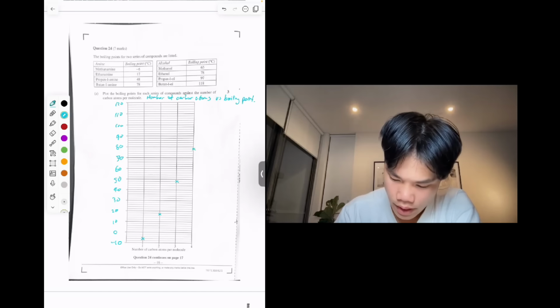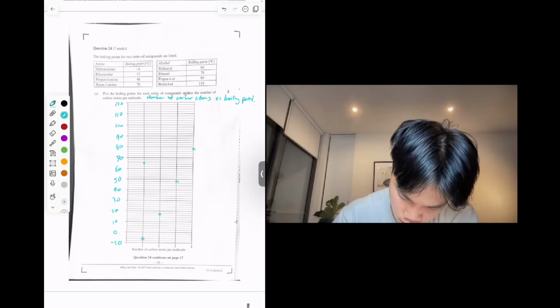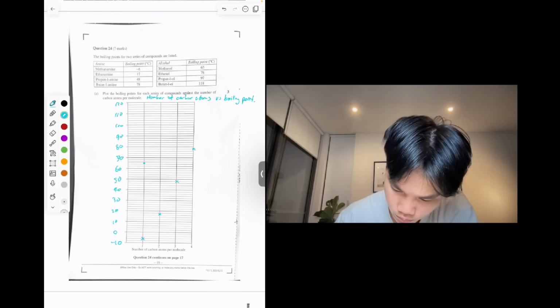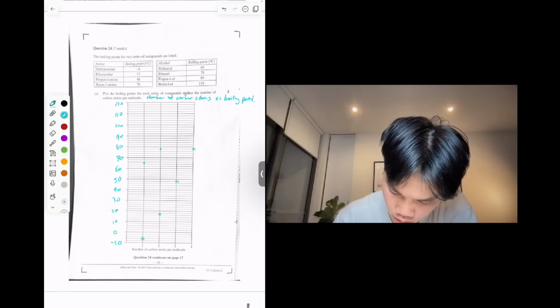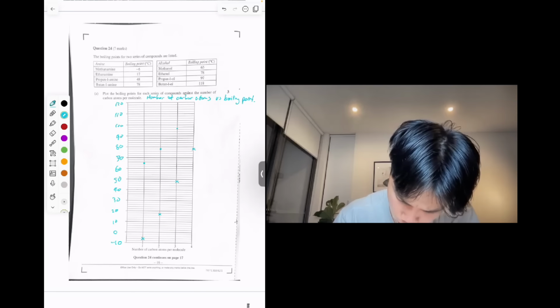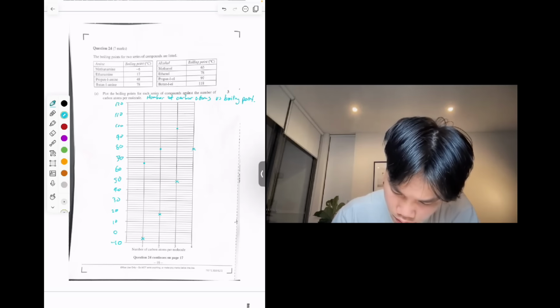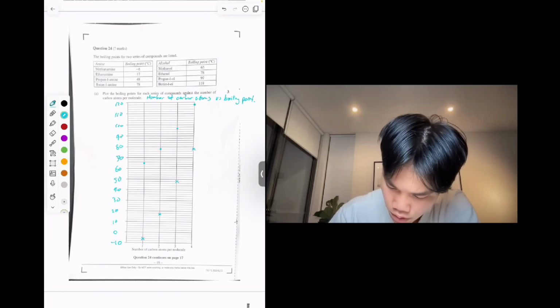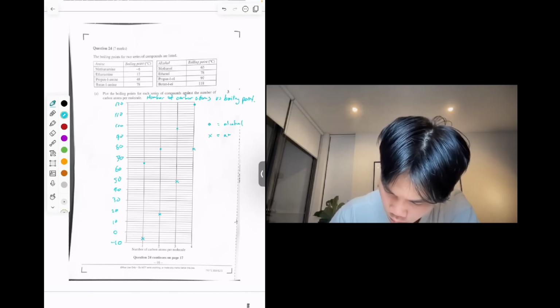Then we have the alcohols, which are 65. Do this in dots. 65. Ethanol 78. Propanol 97. Butanol 118. Now let's put a key. Alcohol dot, cross equals amine.